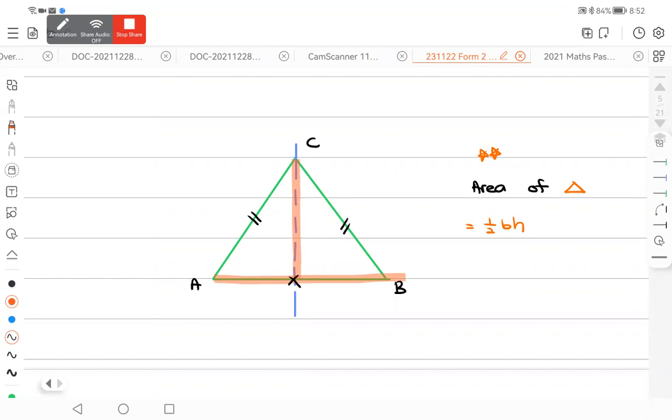I think a lot of students always forget about this isosceles triangle. So these are the properties. When you go to the angles, it's the same. When you cut it, you have similar angles here. The angle CAB is equal to the angle CBA. So if I label this angle, it is the same as this angle. Okay, got it?